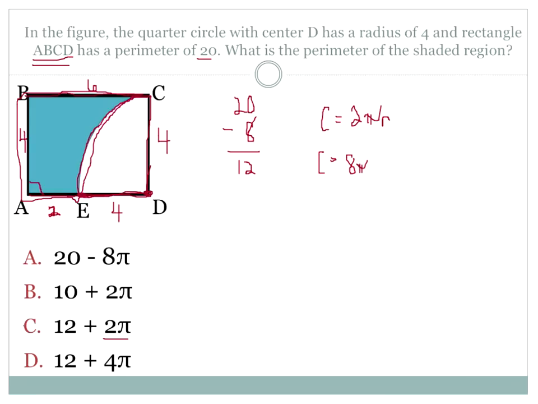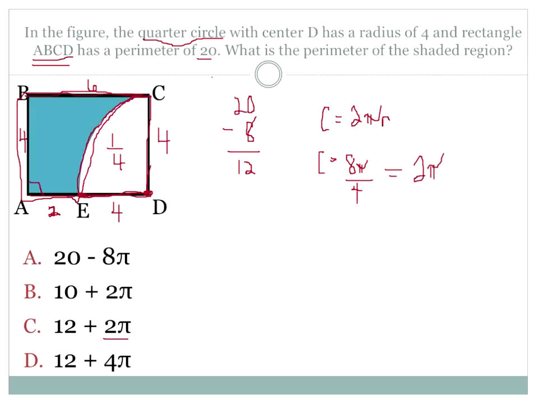But what portion of this circle is being shown? We're only shown 1/4 of the circle. Remember, that comes directly from the problem. So we need to take the circumference of the whole circle and say we only have 1/4 of it. The measurement of that is 2 pi.